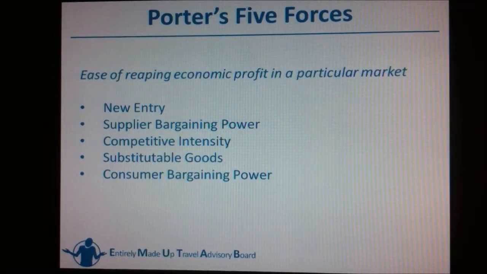Now that we've defined what haggling is, let's proceed to some tips that will expand your capacity to successfully haggle. For this, we turn to Porter's 5 forces. These 5 forces describe a firm's ability to reap economic profit in a competitive market. Your task as the haggler is to recoup some of these profits in the form of discounts. The first force we will discuss is threats of new entry.